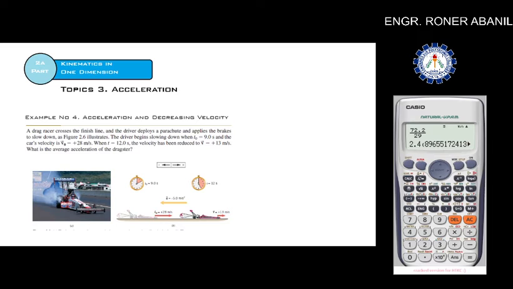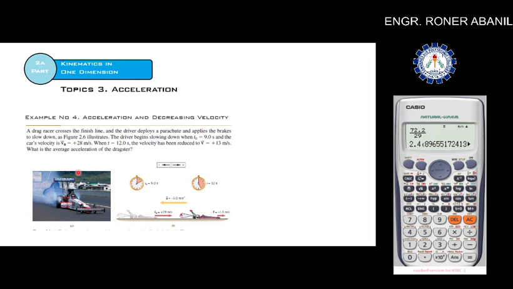So, a drag racer crosses a finish line and the driver deploys a parachute and applies the brake to slow down. So, makikita natin siya dito sa figure na ito, no? Yung figure na yan.